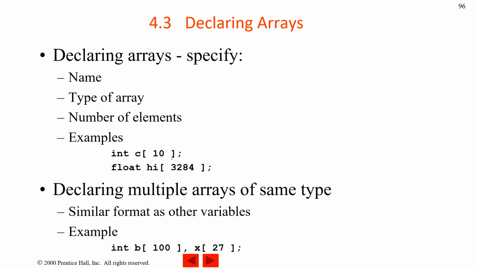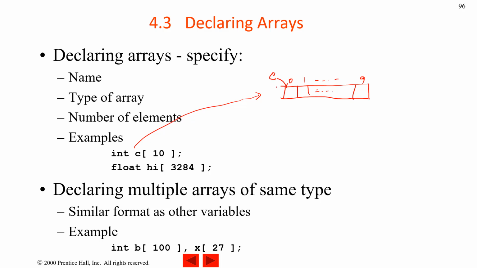So this here means you are creating an array of size 10, with indices 0, 1 and so on up to 9. This is what you have created, and the starting location is called C.